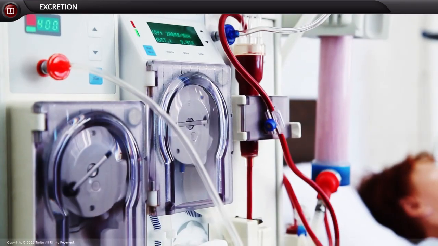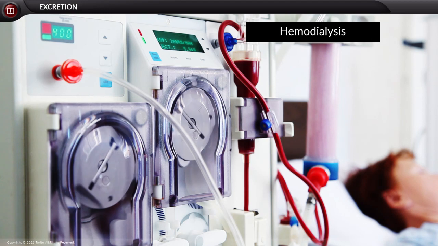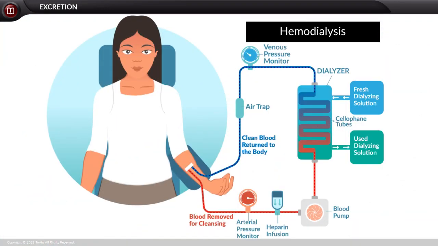So the principal action for treatment in such conditions, where there is no functioning or improper functioning of the kidney, is a procedure using an artificial kidney, called hemodialysis. In hemodialysis, we see that there is a setup like an artificial kidney.